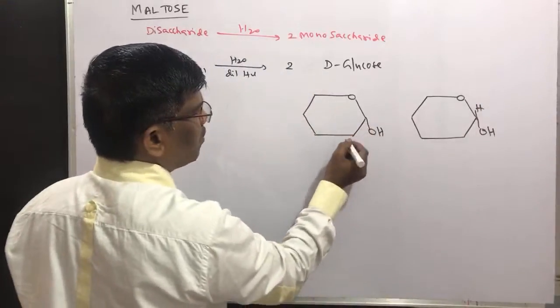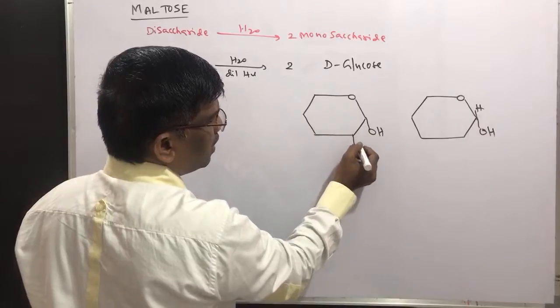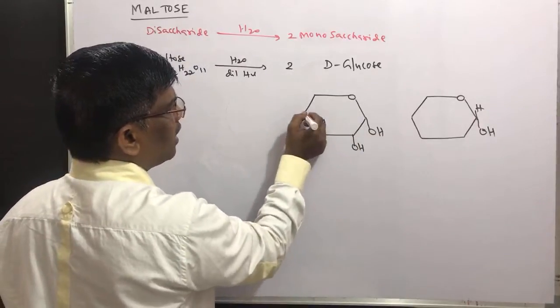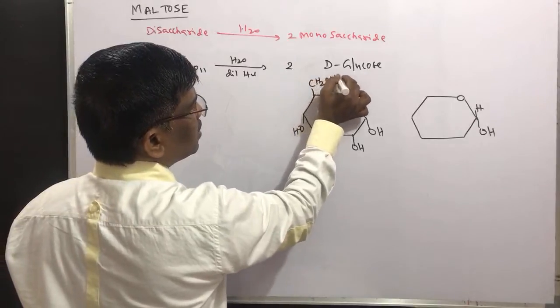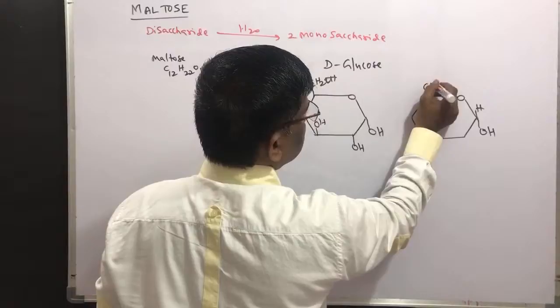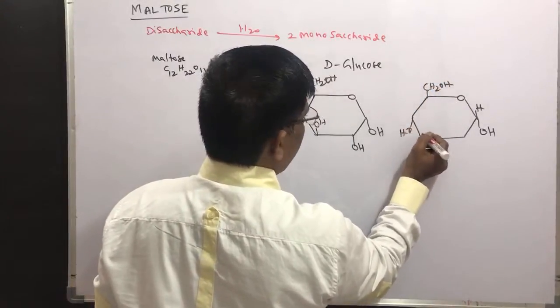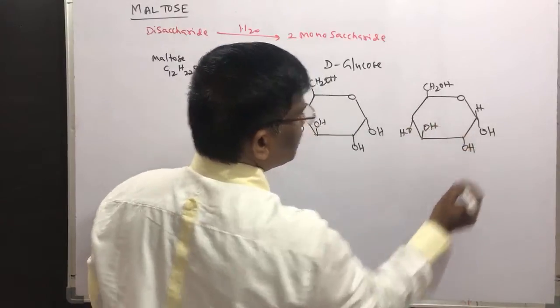So C1 is on the right side, coming from up, right, left, and then the remaining is the right side, CH2OH. So straight away I can write like this. So it is going to have alpha D glucose molecules.